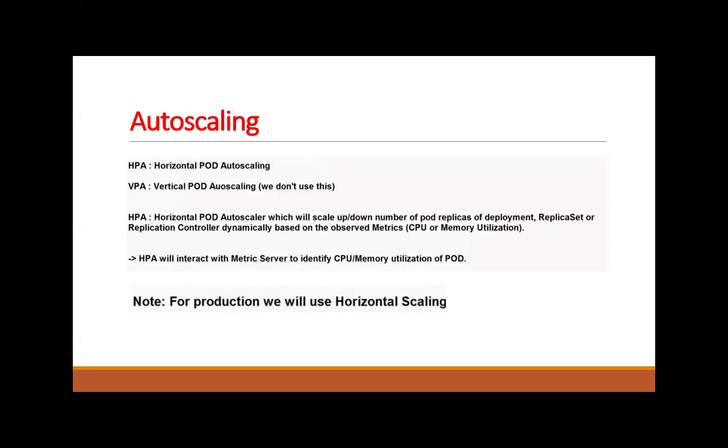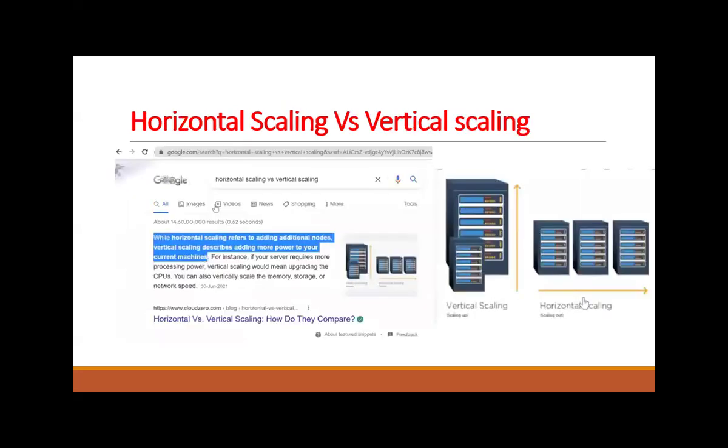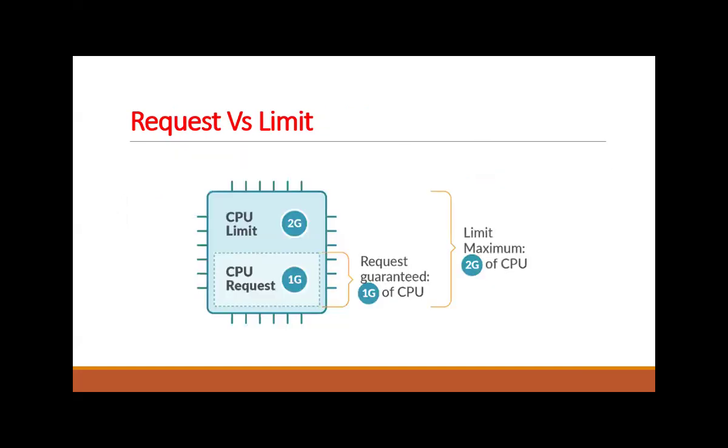HPA interacts with the metrics server to identify the CPU and memory utilization of pods. Note that for production, we use horizontal scaling only, not vertical. While horizontal scaling adds additional nodes, vertical scaling adds more power to your current machine. More power means we need to upgrade the EC2 instance, for example.